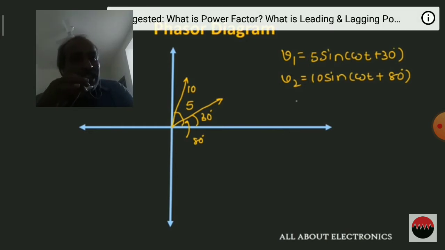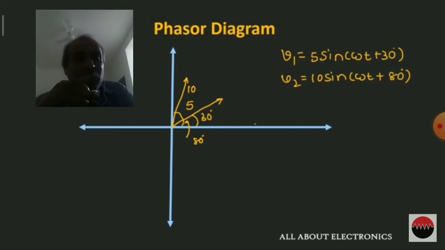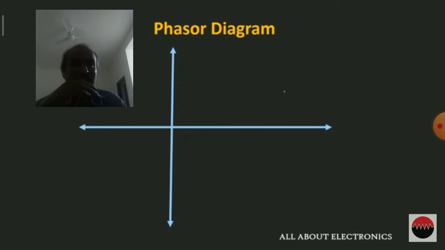Let's see one more example. This is nothing but ahead or forward, anti-clockwise rotation. Phasor vectors are always rotated in the anti-clockwise direction, which means ahead. Similarly, there is the lagging direction.